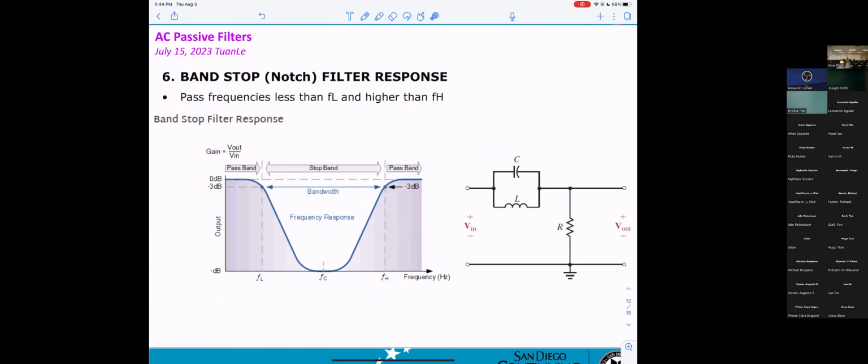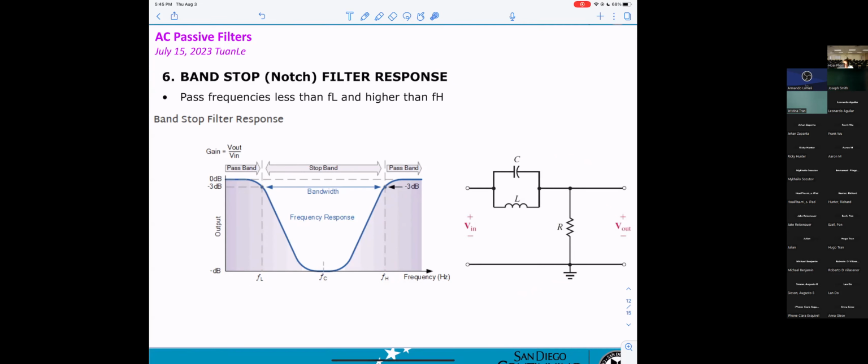And the last one, band stop, or notch filter. You can see this is a circuit. However, if you're looking at the output here, you can see you also get two cutoffs, one F low and another F high. This will be opposite to the band pass filter.